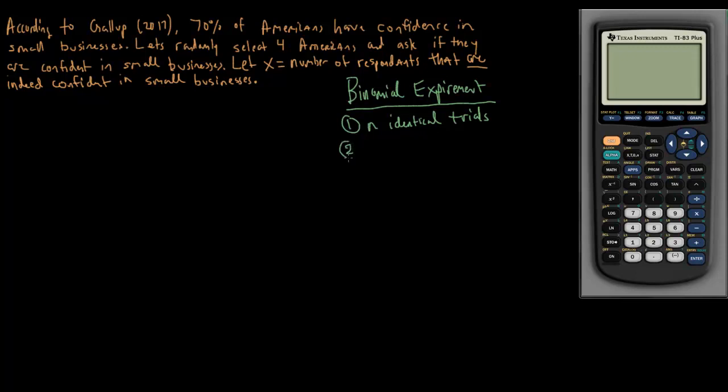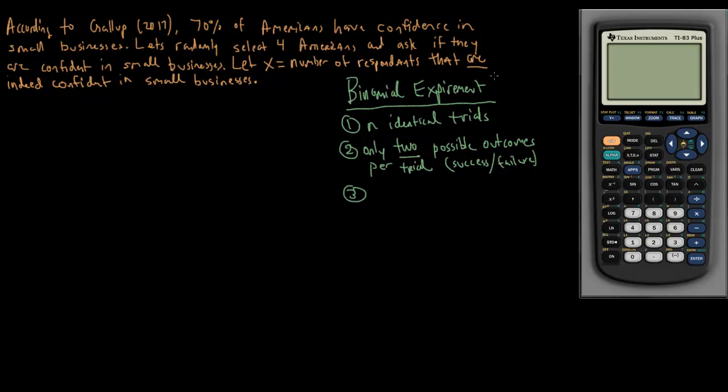Second requirement. Okay, there are only 2 possible outcomes per trial. A lot of times we'll call this success versus failure. This doesn't necessarily mean that one thing is good and another thing is bad.